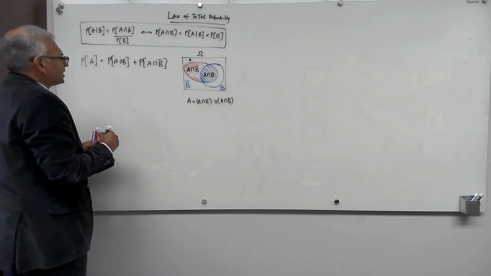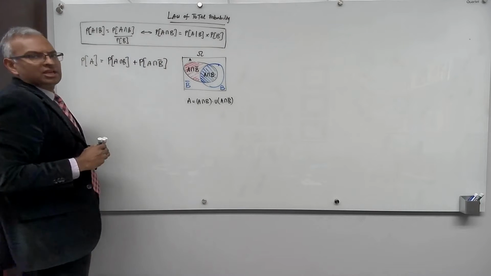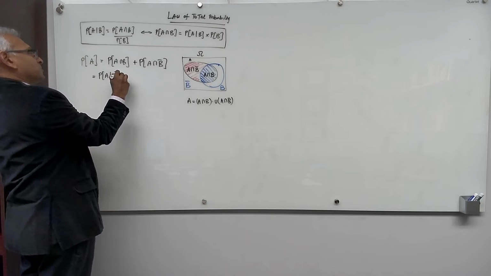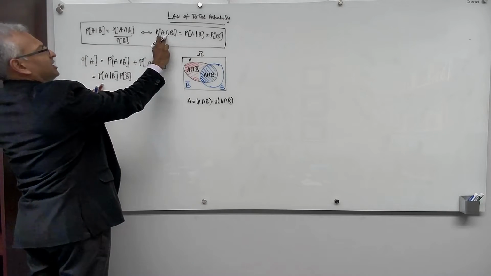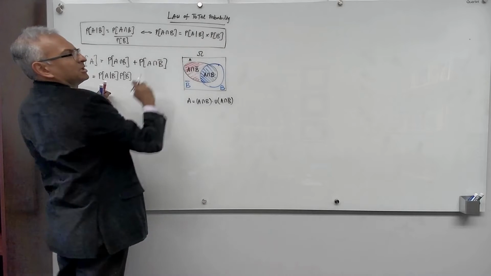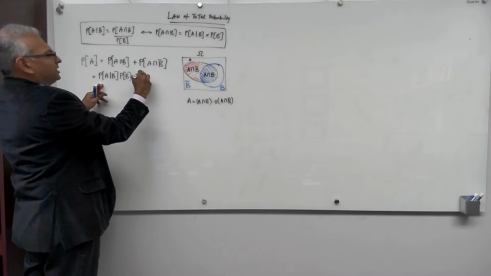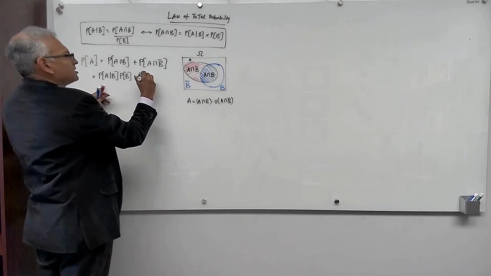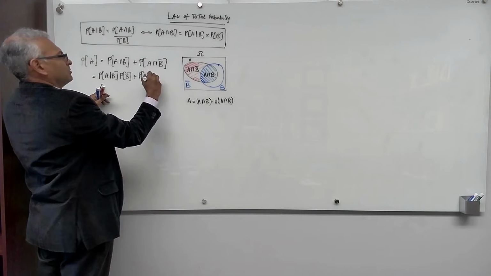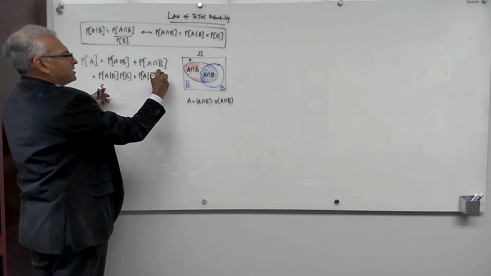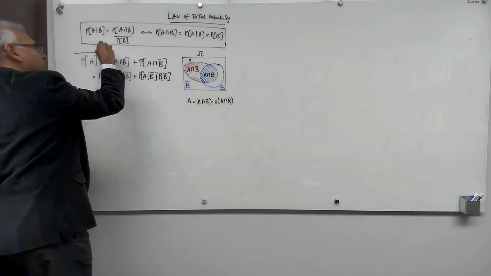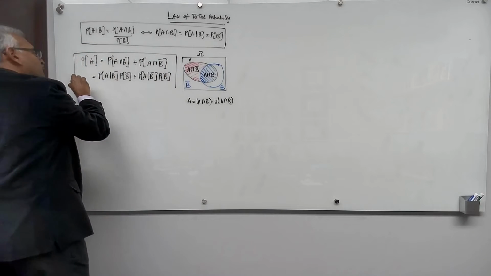Now I'm going to use this reformulation of conditional probability. The probability of A intersection B is the probability of A given B times the probability of B, plus the probability of A intersection B bar. I replace B by B bar: the probability of A given B bar, the complement of B, times the probability of B bar. I'm going to box both of these because both of these are very important formulas.